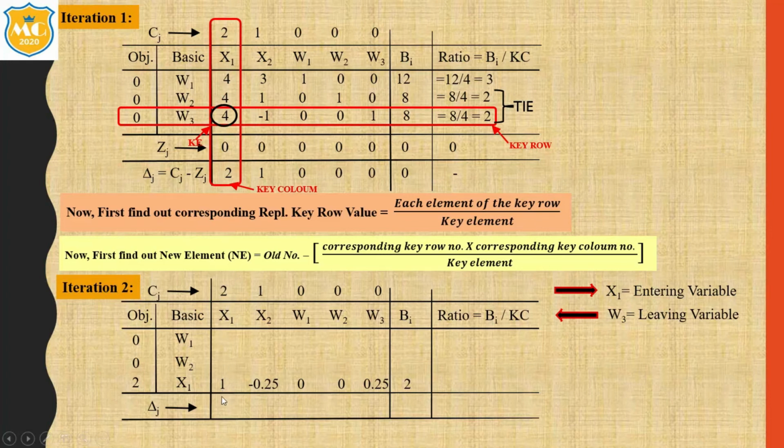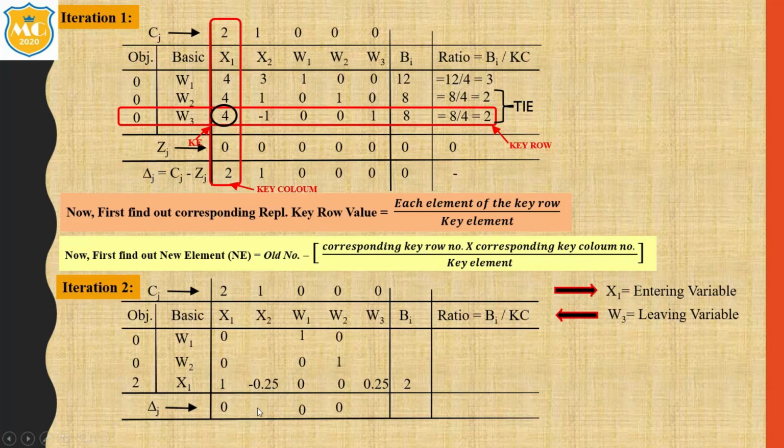So 0, 0, 1, 0. Next, w1 column values 1, 0, 0, just copy and paste here. Similarly, w2 column 0, 1, 0, 0. Clear?